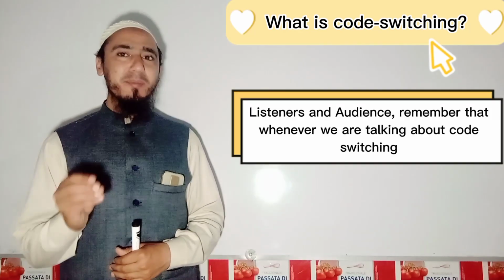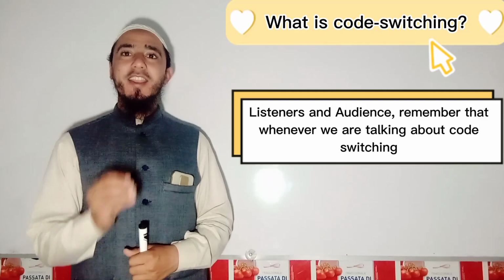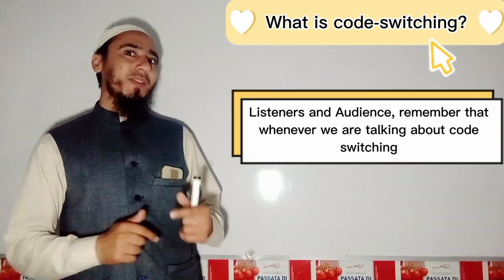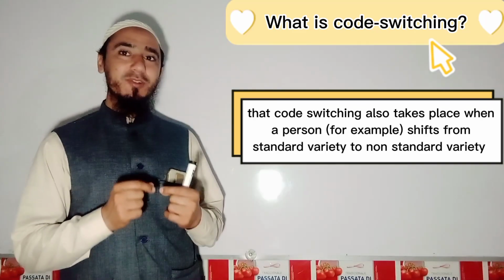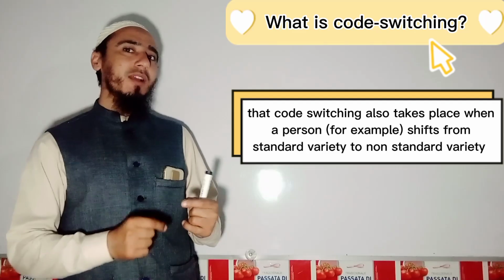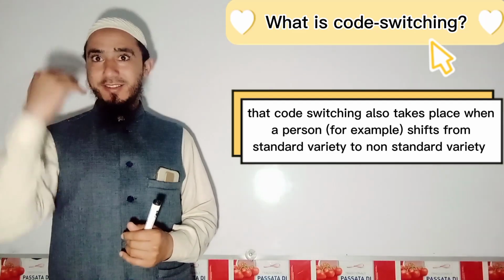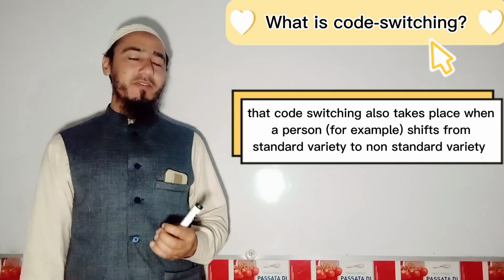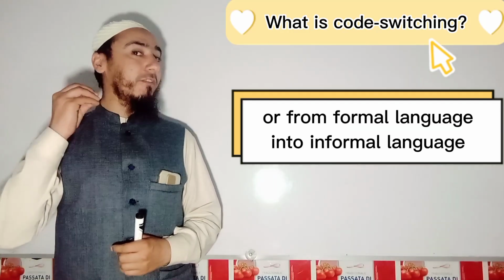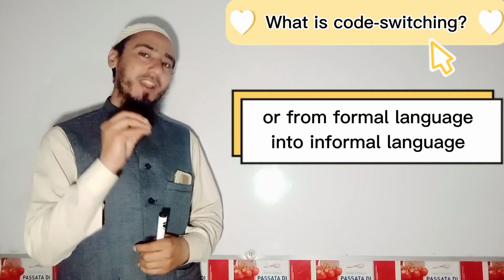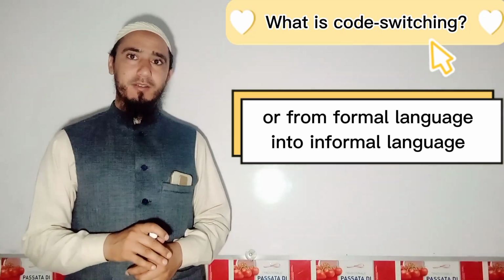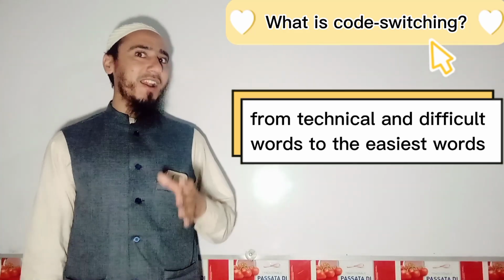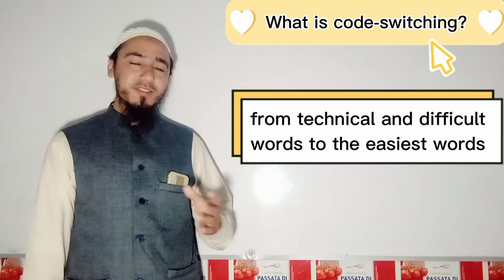Listeners and audience, remember that code switching also takes place when a person, for example, shifts from standard variety to non-standard variety, or from formal language to informal language, from technical and difficult words to the easiest words.